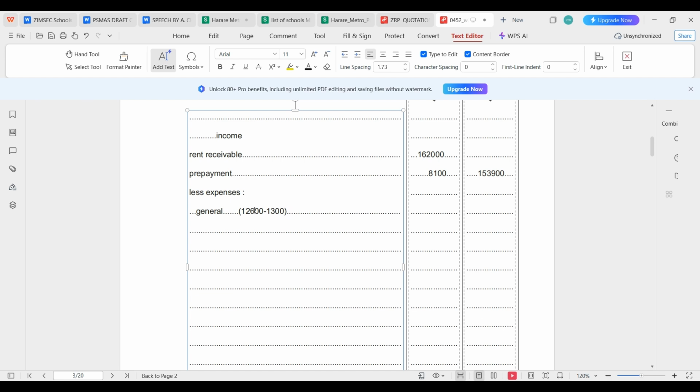So 26,500 minus 1,300. What do we get? If you say 26,500 minus 1,300, we get 25,200. So we put it here, 25,200. Then we go back again and look for other expenses that we have.